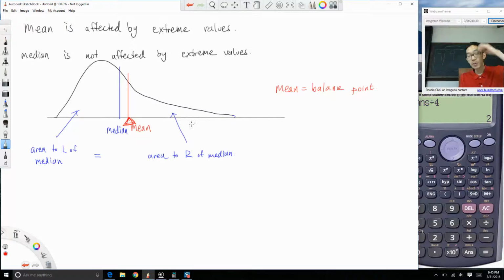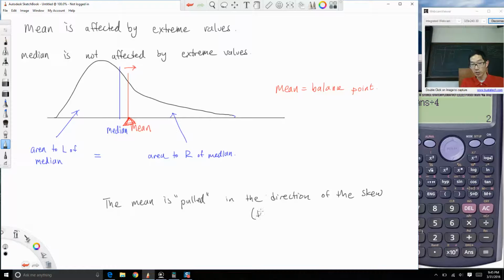What this is supposed to show is that because it's right skewed, the median is right here and the mean is, quote, pulled out towards the direction of the skew. So the mean is, quote, pulled in the direction of the skew, which is really just the direction of the extreme values.